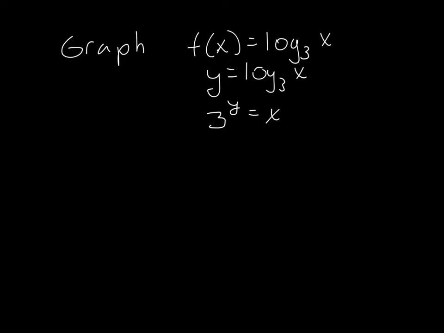Now, how do we want to graph this? Just like we graphed the exponentials before the break, we're going to make a table. I'm just going to make a little table here. But I want to put y values into the table, because then I can just do this math right here and it'll spit out the x values.